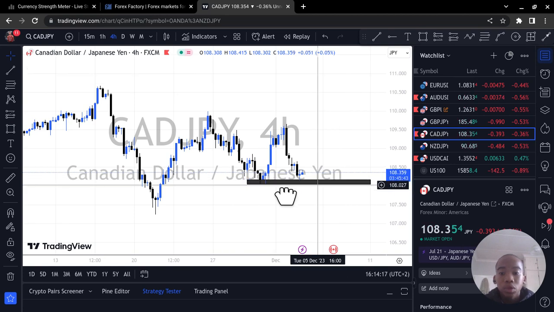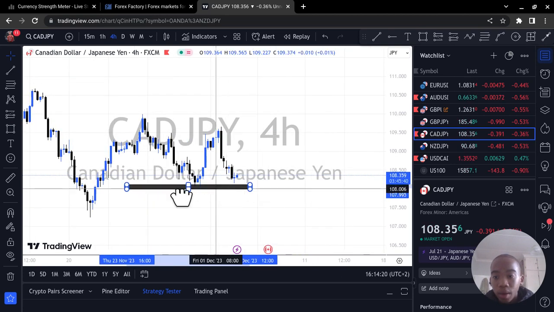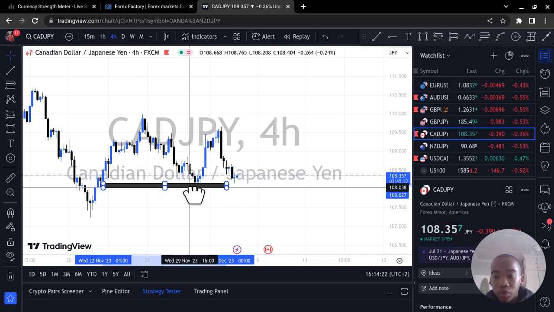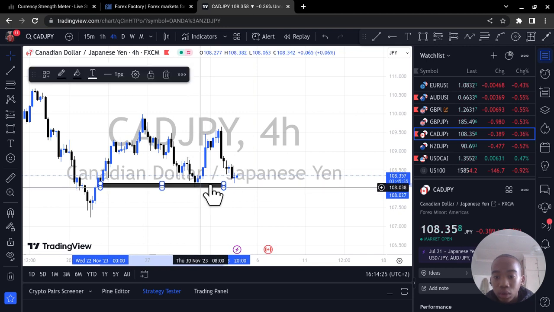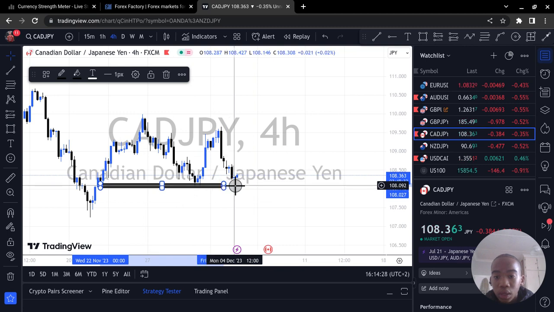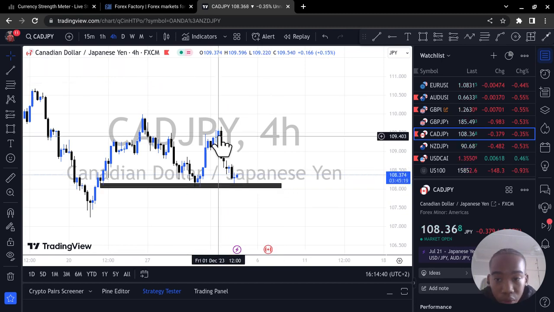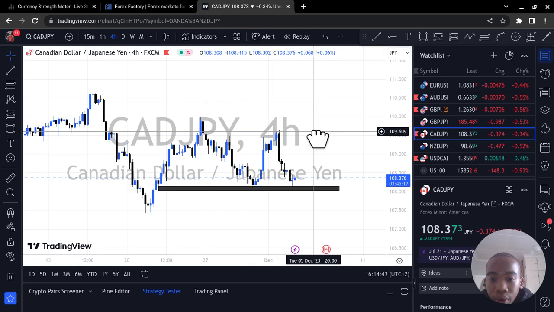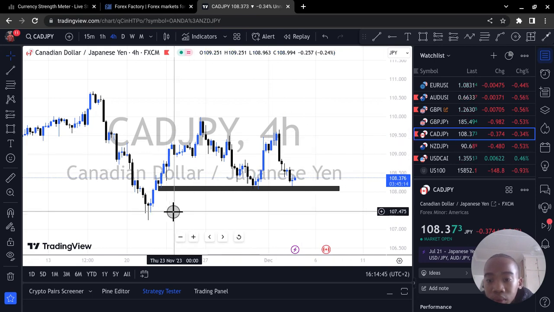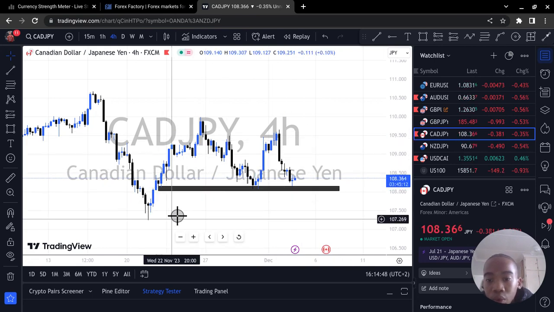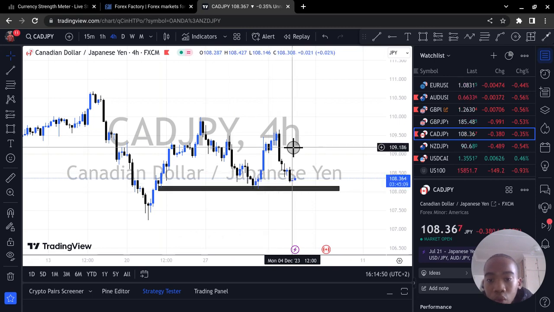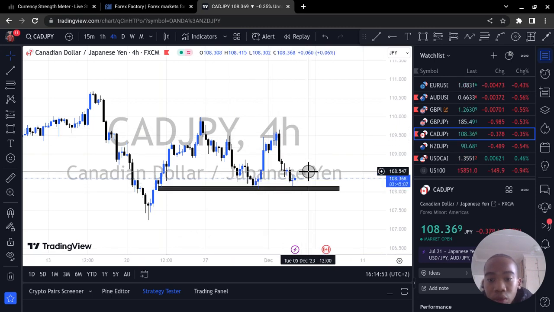Because this is pretty much telling us that this buy is at this level and price cannot push any lower than that, right? Yeah, we see that price cannot push any lower. So obviously now we know, okay, when we're above this level, we should be aiming for these highs right here, right?